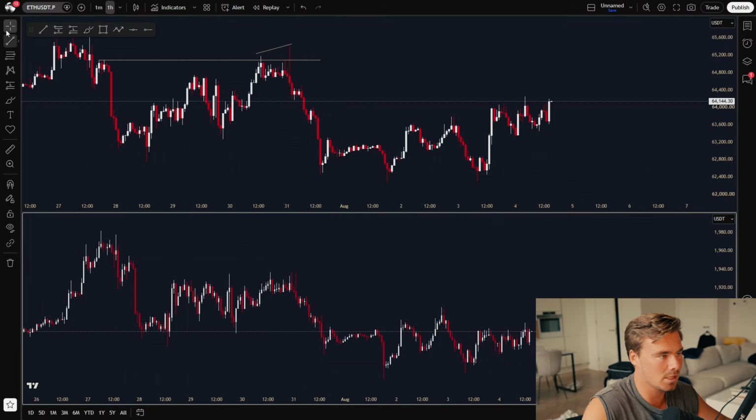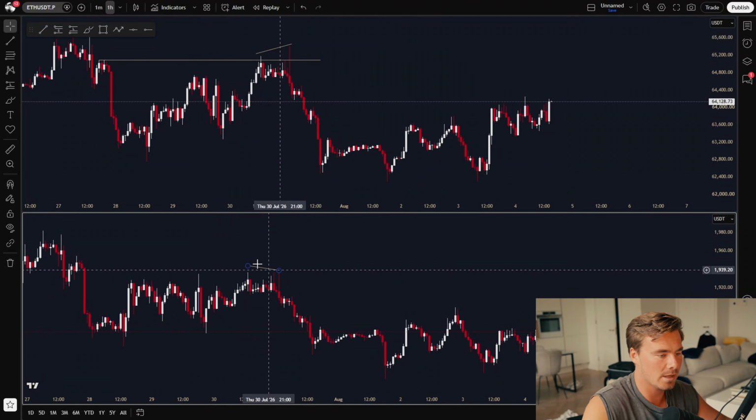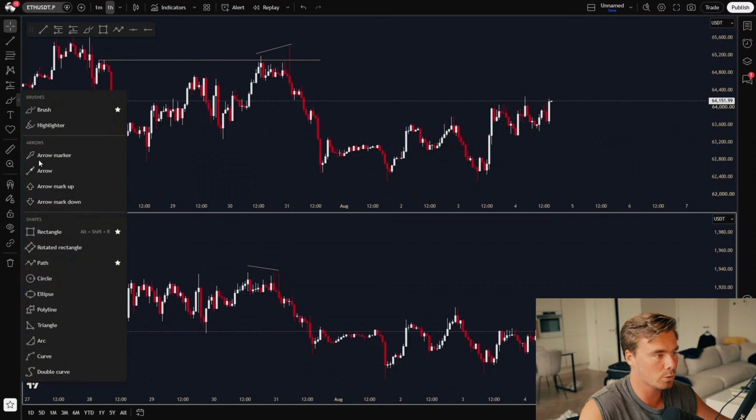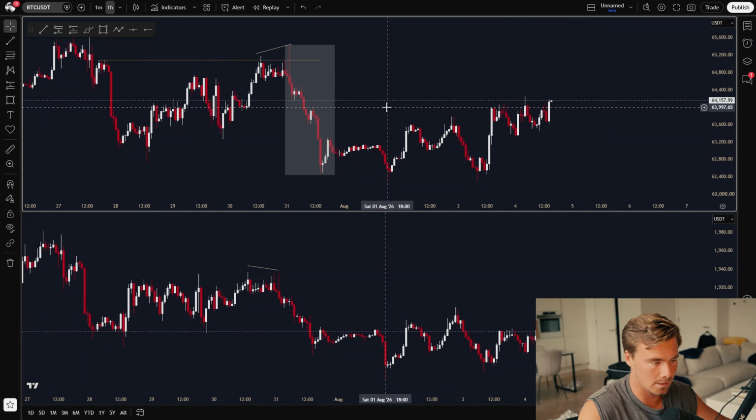At the exact same time, we can see that Ethereum was forming a lower high, as you can see on the 1 hourly time frame. And this higher high on Bitcoin and this lower high on Ethereum was indicating potential distribution of orders and thus a potential bearish reversal, which we can also see at the end of the day played out to a T.